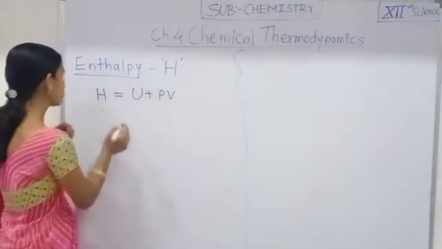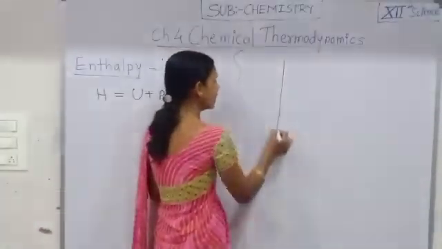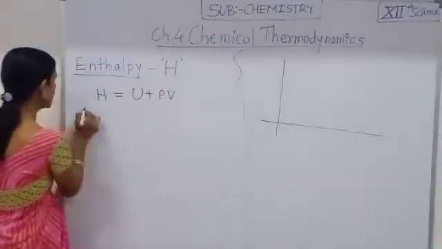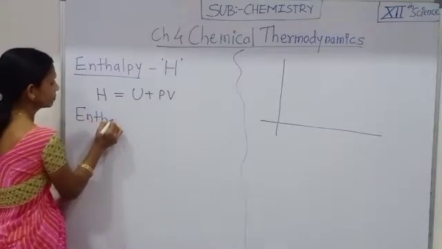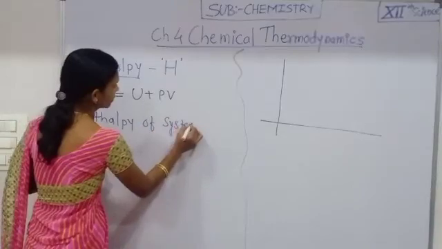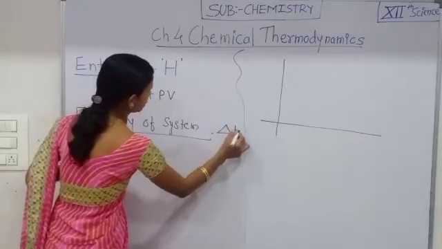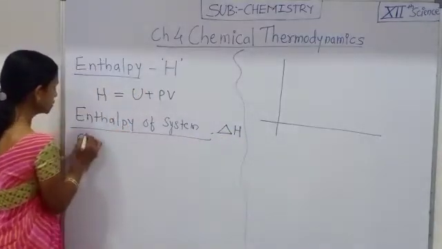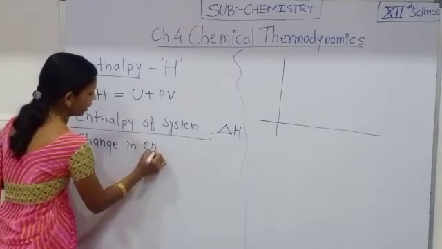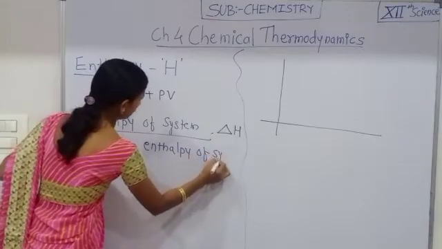Then we will consider the enthalpy of the system, which is denoted by delta H. That means it is the change in enthalpy of the system.